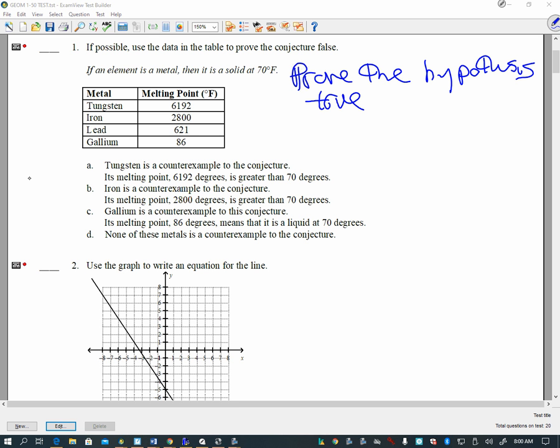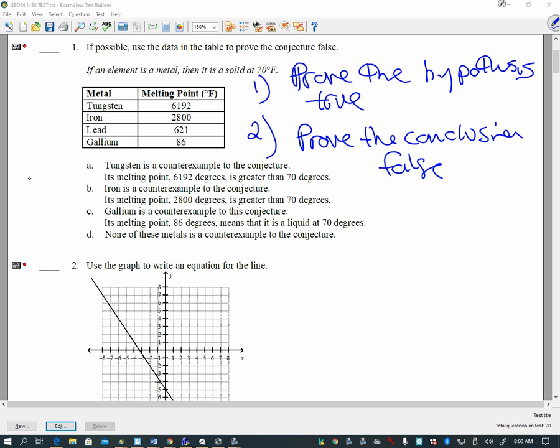Okay, that's rule number 1. What's rule number 2 for a counterexample? Prove the conclusion false.